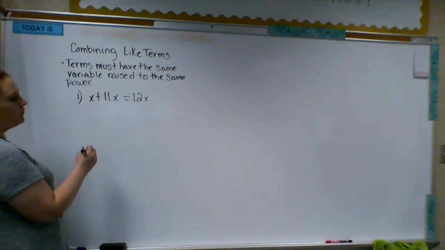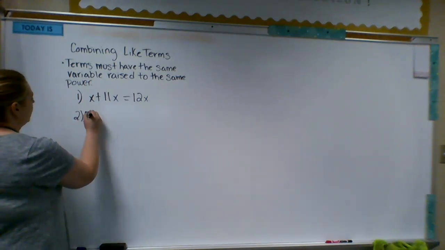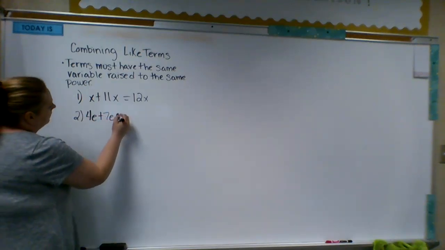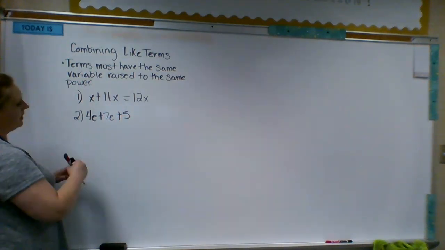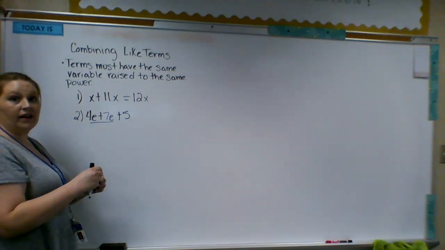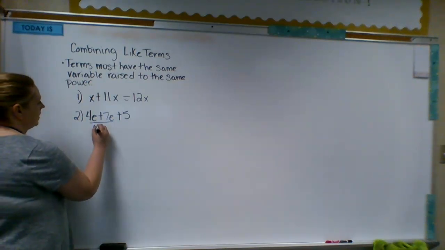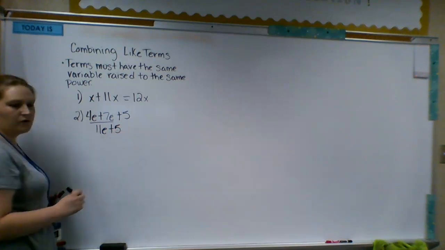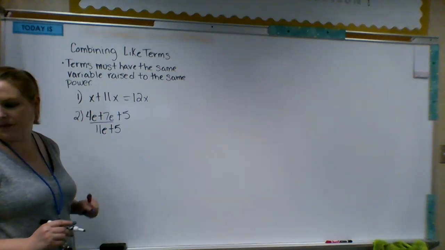Second one, I have 4e plus 7e plus 5. I can combine 4e and 7e. They are like terms. So 4e plus 7e would be 11e, and then plus 5 would be my final answer. I cannot combine 11e or 5.